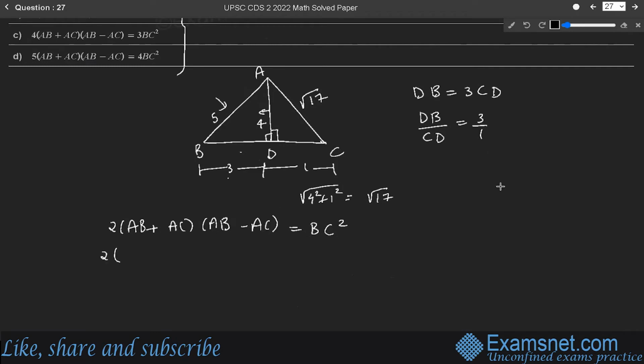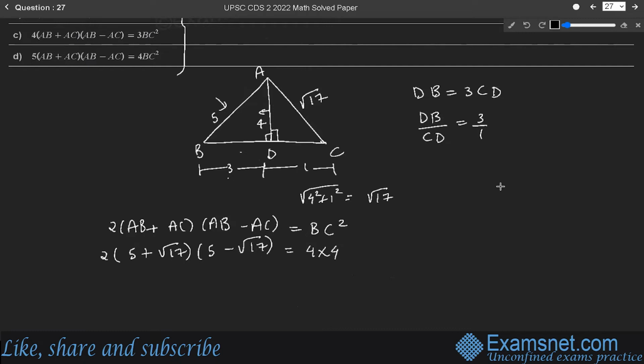2 into AB, AB is 5, plus AC, under root 17, into AB, 5, minus under root 17, is equal to BC square. BC is 4, you can see that 3 plus 1 will be 4. 4 square means 4 into 4.